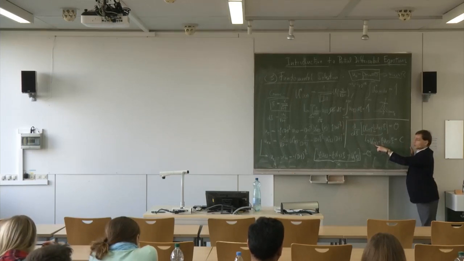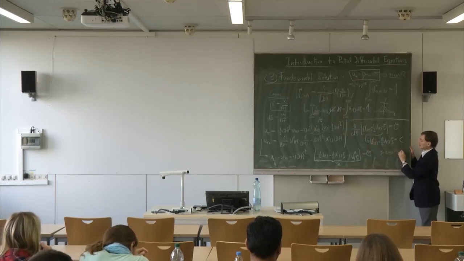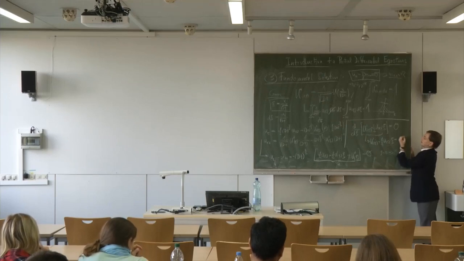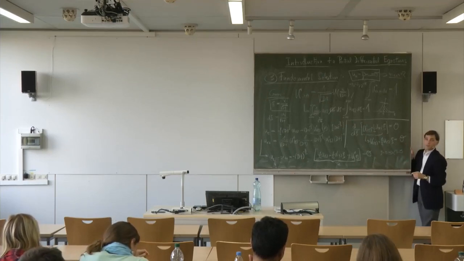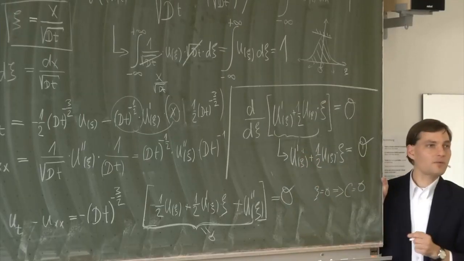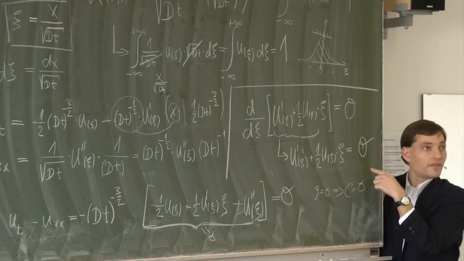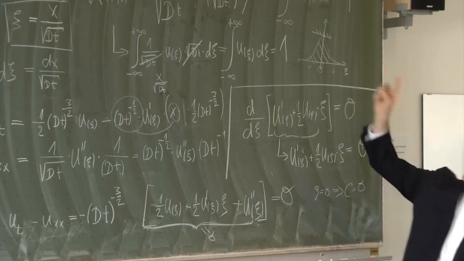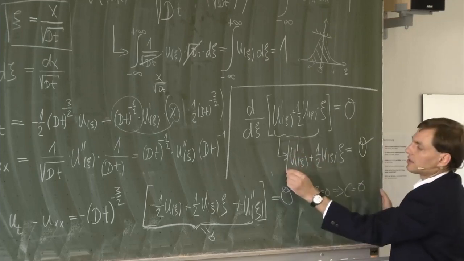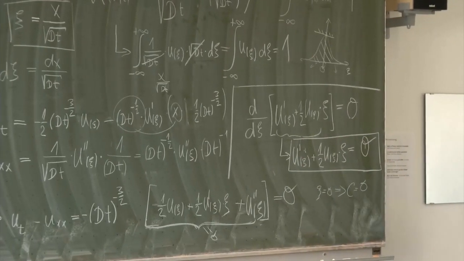Well, this is also 0. If this is 0 and this is 0, you see immediately that it's not a constant. This must be 0 as well. So that simplifies the solution even more, because now we have a homogeneous first-order differential equation. And if we find the solution for this, and we will, then we have the solution for our partial differential equation. So the question is now, what is the solution of this?